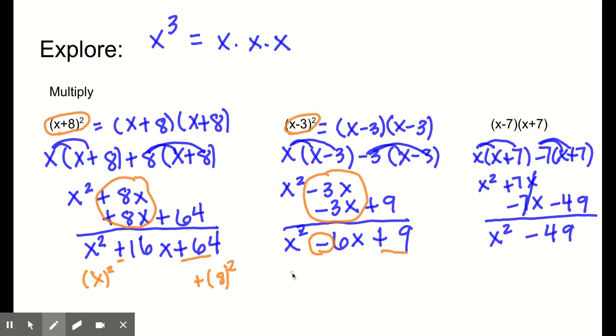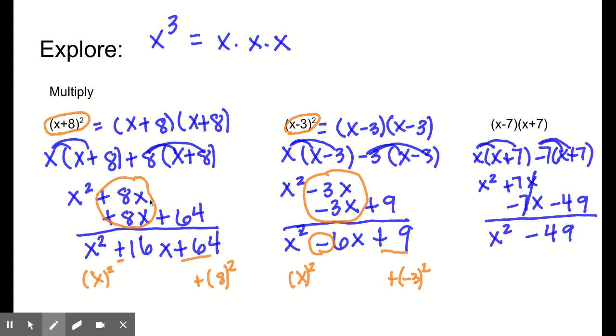X to the second power gave us our first term. And then negative 3 to the second power gave us our last term. Because remember, when you raise a number to the second power, you're multiplying it by itself. So negative 3 times negative 3 gives us a positive 9. So that held true here as well.